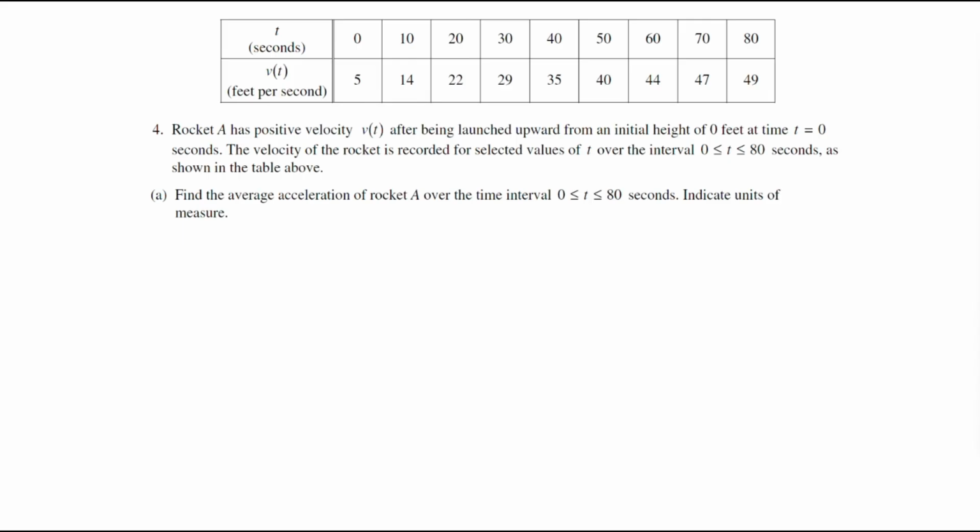So if we think about that, the average acceleration is 1 over b minus a, so 1 over 80 minus 0, times the integral of the acceleration from 0 to 80. And you don't need to necessarily write this setup, noting that that's going to be 1 over 80 times the integral of acceleration, which is velocity.